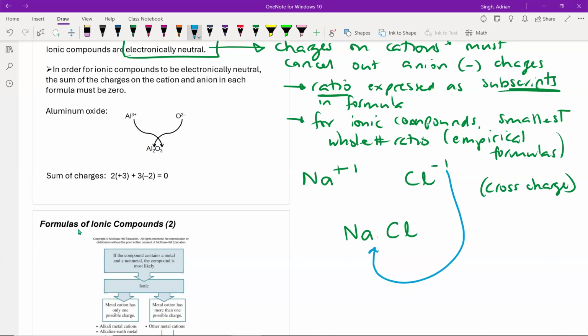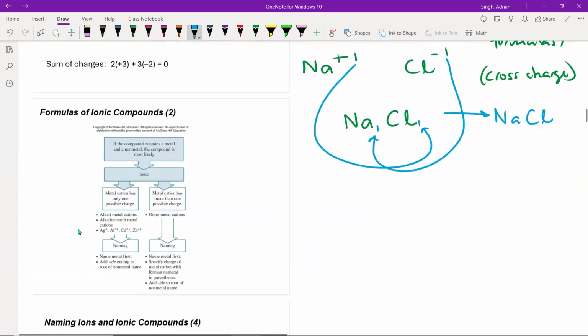So the 1 here goes there, and the 1 on the Na becomes a subscript on the Cl. When you have 1s as subscripts, we can omit them for simplicity's sake. They're understood. So this becomes NaCl. That's the simplest whole number ratio.